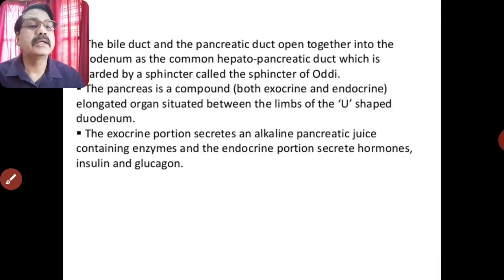The bile duct coming out from the gallbladder and the pancreatic duct open together into the duodenum, the uppermost part of the small intestine in which most of the digestion takes place, as the common hepatopancreatic duct.